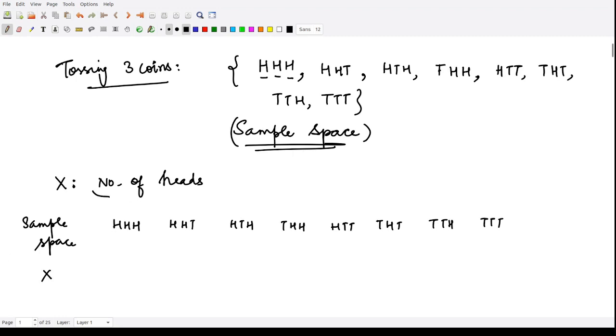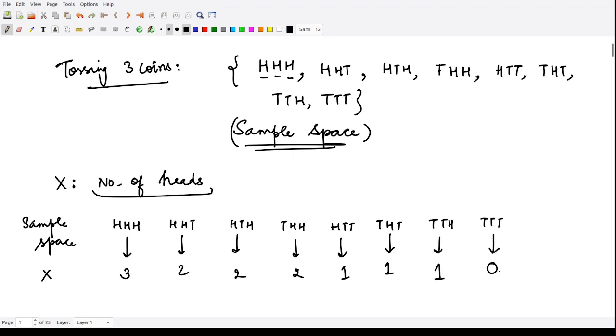Because we are counting the number of heads, here the number of heads is 3. Here they are 2, here also 2, here also 2. Here we have one head, then here also 1, here also 1, and in this case there is no head, so we assign the value 0.